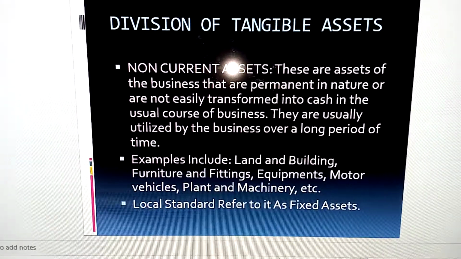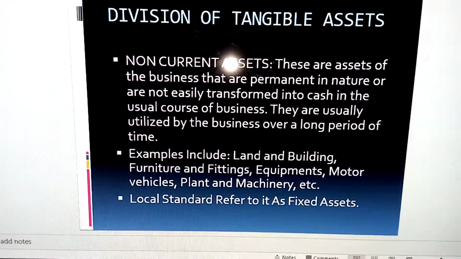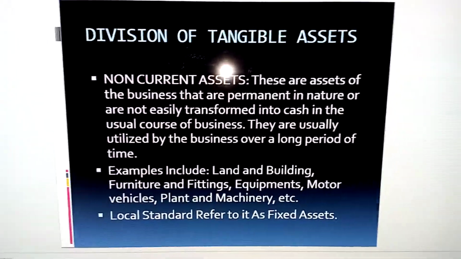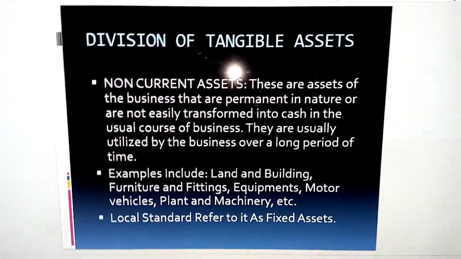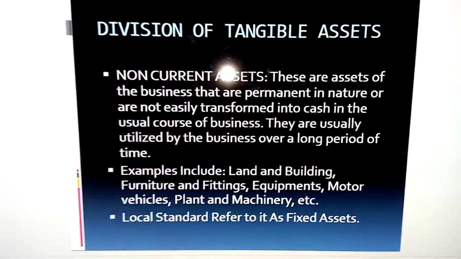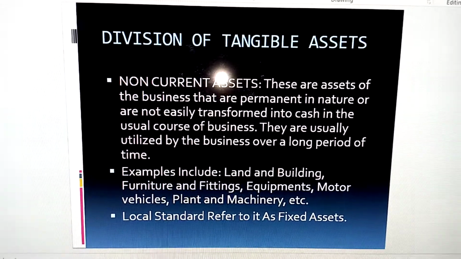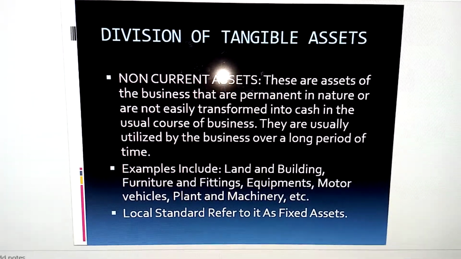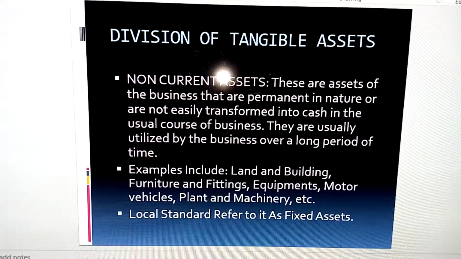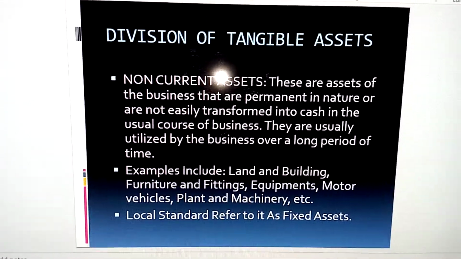For instance, the motor vehicle owned by the business, the building owned by the business, the land owned by the business, the machineries owned by the business, the tools owned by the business, furniture owned by the business.